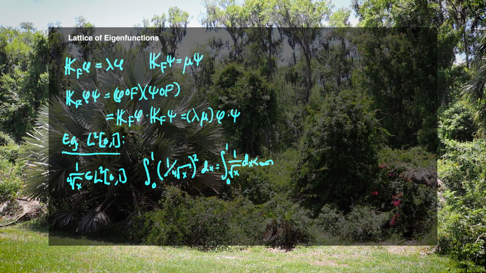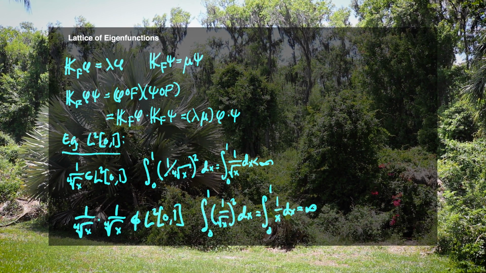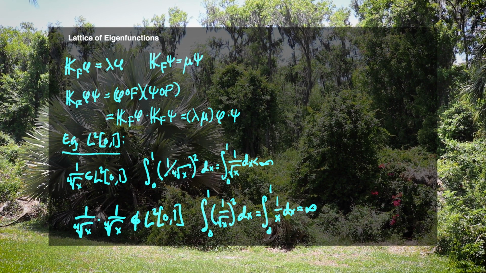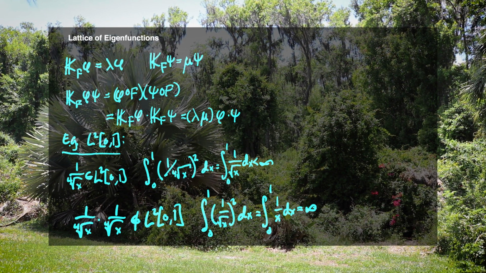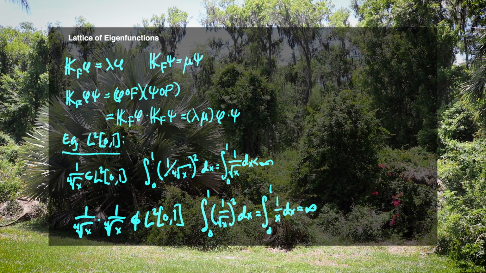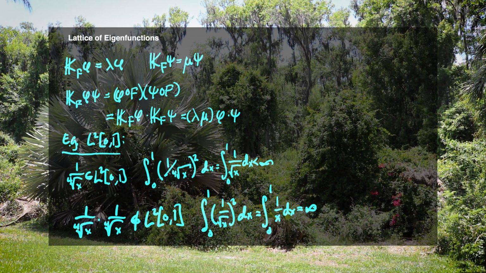But if you were to take the product of 1 over the 4th root of x times 1 over the 4th root of x, you get 1 over the square root of x, and the norm of that should be the integral from 0 to 1 of 1 over x, which is infinite. So that's an example where we see in a Hilbert space, the product of two different functions doesn't necessarily land back in that space itself.